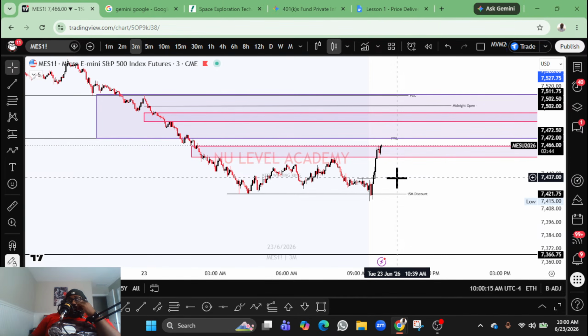And it's cool if we do miss out on this opportunity, then hey, we walk away from the charts and we come back the next day without having to risk any capital whatsoever because we have FOMO. You don't want to risk any capital when you have FOMO, when you see the markets running, oh, let me jump into the trade. No, you don't have to jump into the trade. You don't want to risk any capital. You want to be patient. And if your model presents itself the way that you see it, that's when you take the trade.